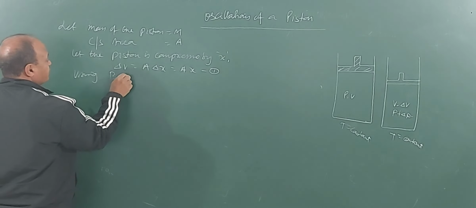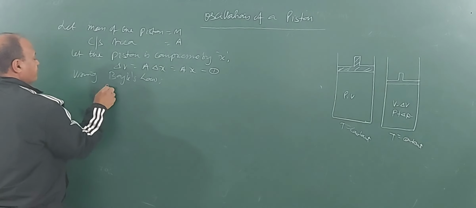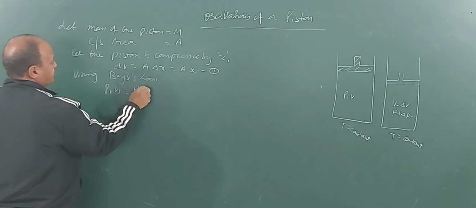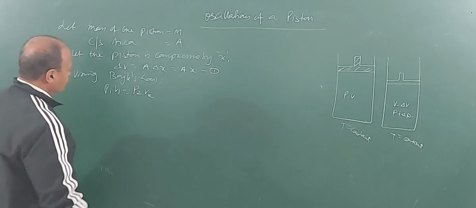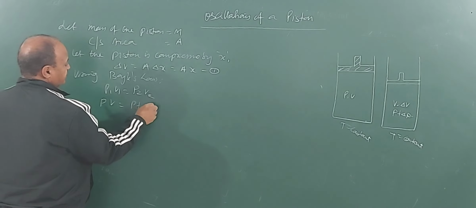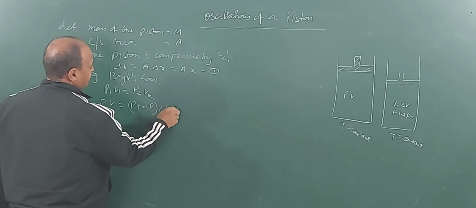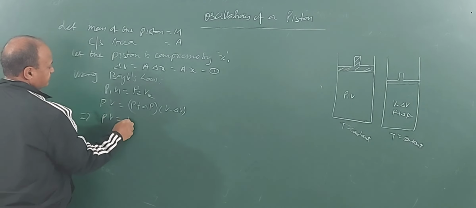Using Boyle's law, children, what will we get? P1 V1 is equal to P2 V2, right? So P1 is P, V1 is V, P plus delta P, V minus delta V. So PV is equal to how much you have?